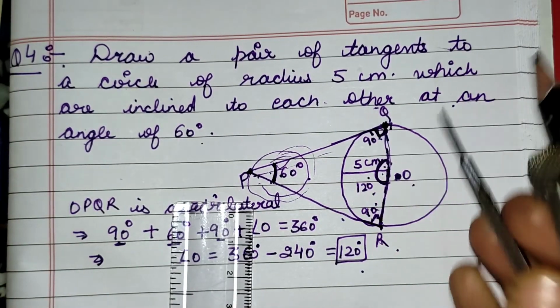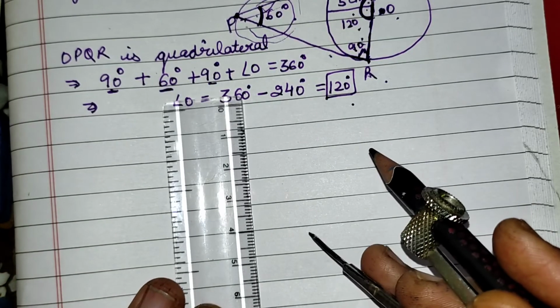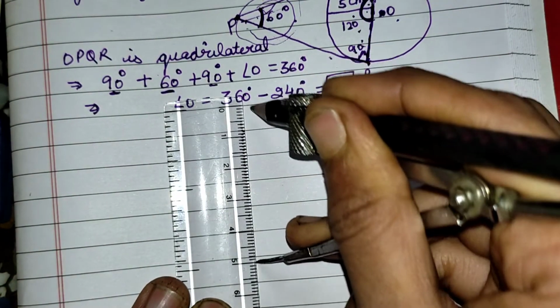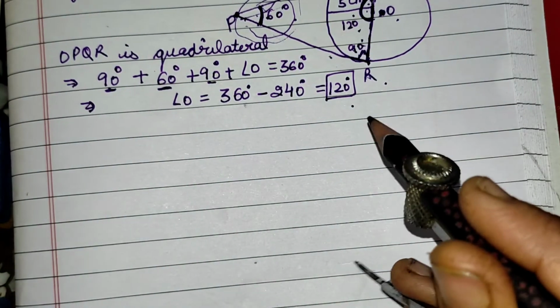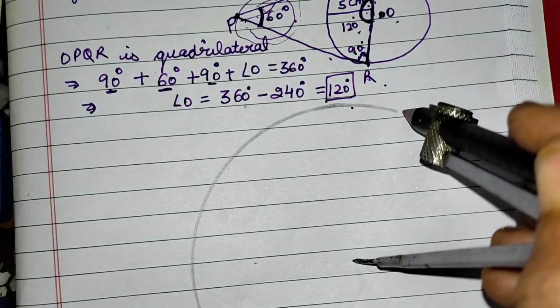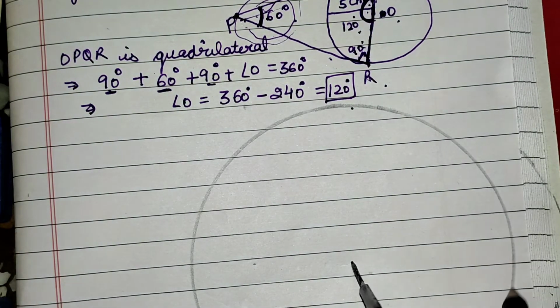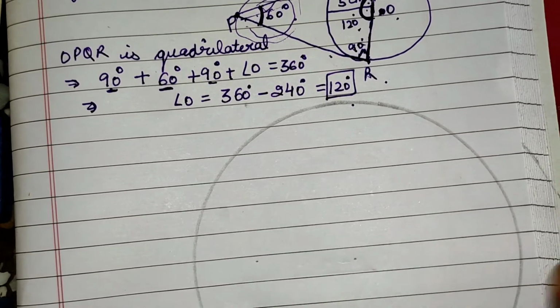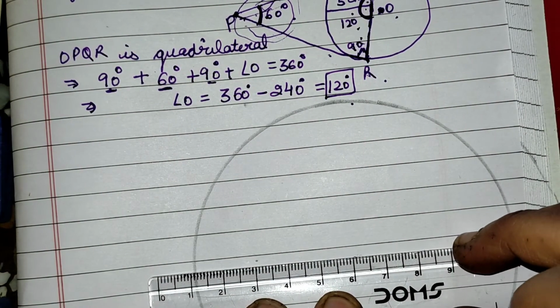First we will draw a circle of radius 5 centimeter. Okay, this is my circle of radius 5 centimeter, right? This is a circle of radius 5 centimeter.